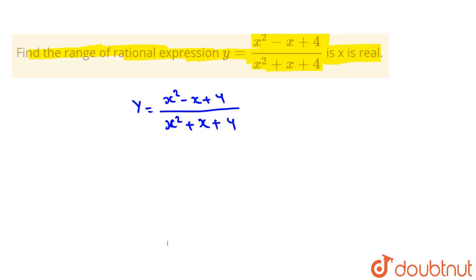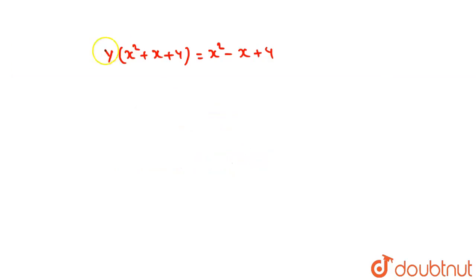Now we cross multiply here, so we get y into x square plus x plus 4 is equal to x square minus x plus 4. Now we open the bracket, so this will become y x square plus xy plus 4y is equal to x square minus x plus 4.